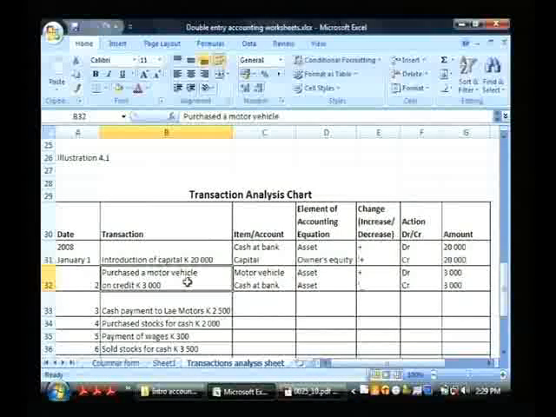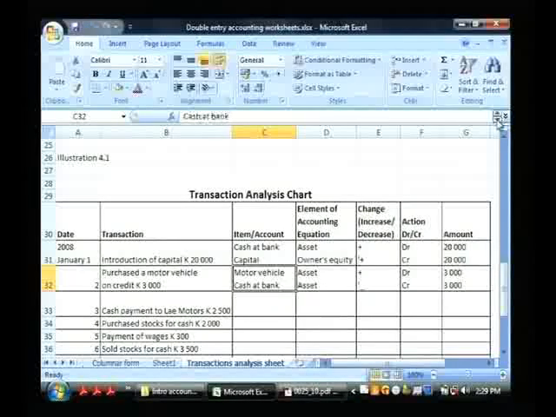Sorry, this one not. The second one is not a cash transaction, it is a credit transaction. Therefore, I will have to change this. Motor vehicle and creditor Lay Motors.